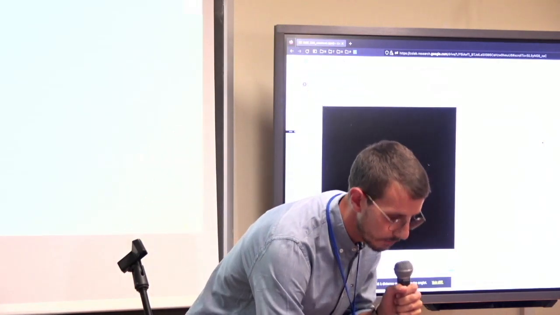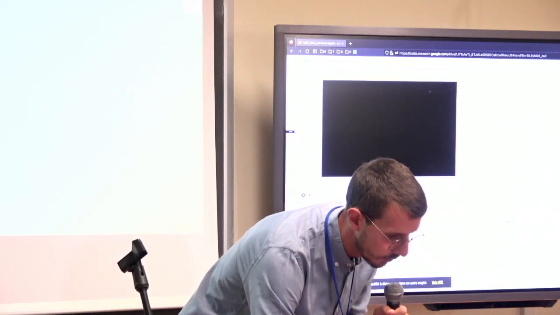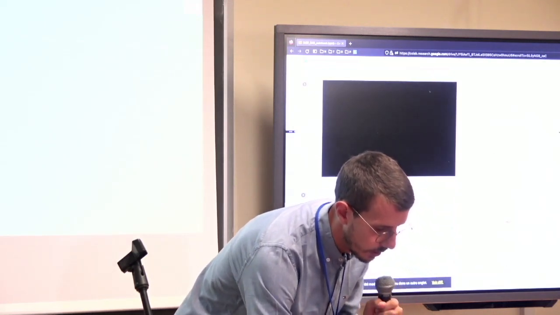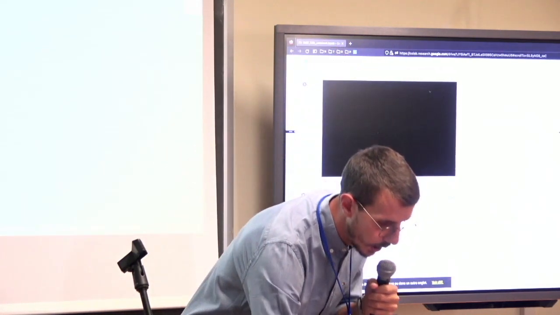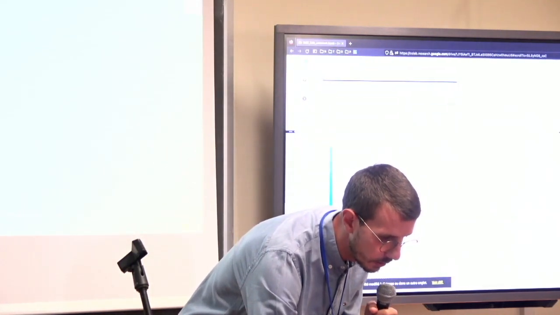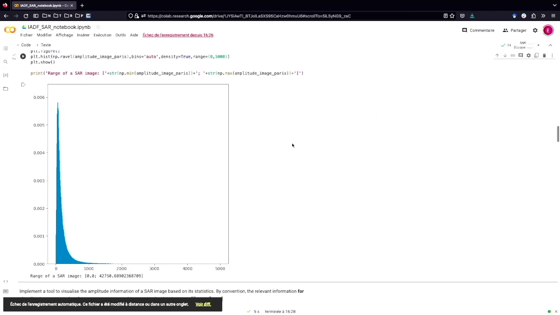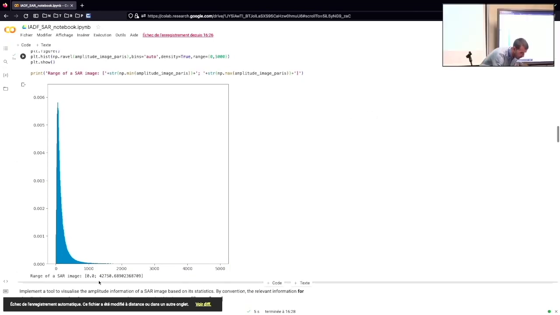So, yes, indeed. First of all, let us have a look at the histogram of the amplitude. I'm not even displaying the full histogram because the range of the image is between 0 and 42,000, and I'm only displaying the histogram between 0 and 5,000.